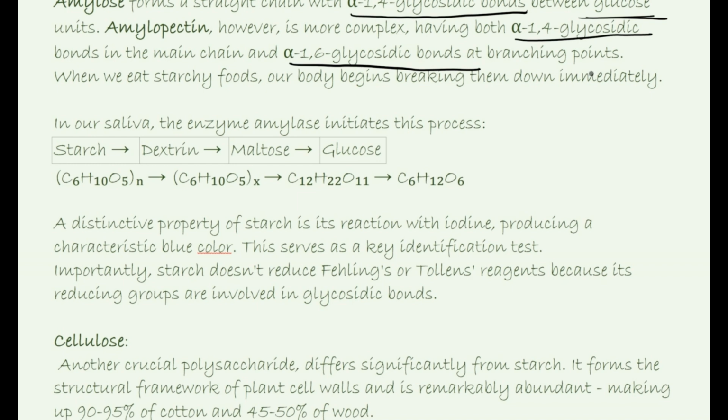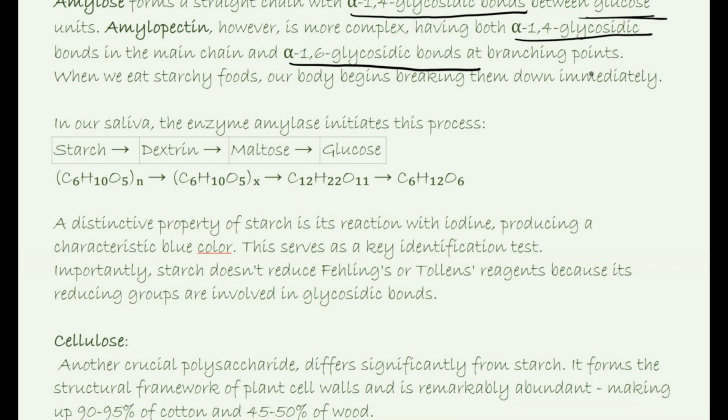The property of starch is its reaction with iodine. With iodine, it will give a characteristic blue color. Okay, the tincture of iodine solution, you can check that color it will produce.